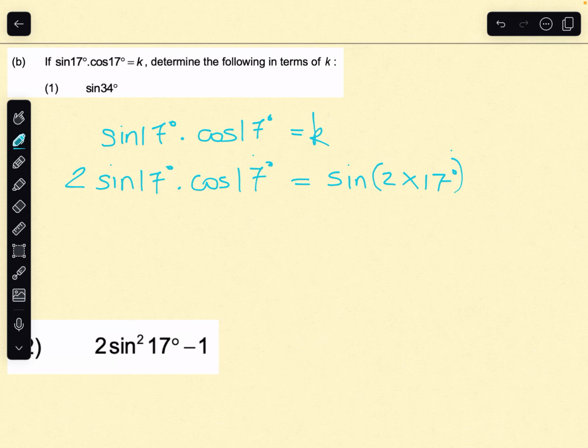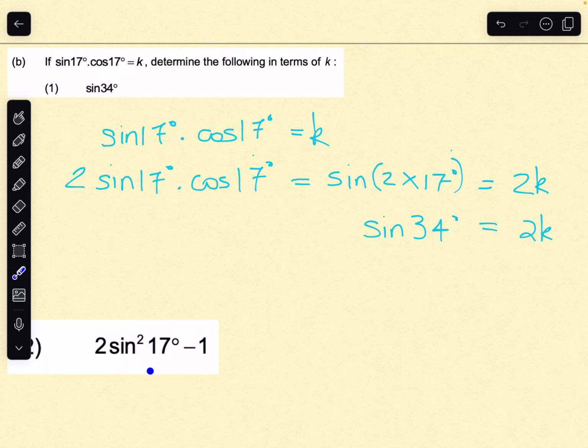That's just the double angle identity for sine, and that would then be the same as 2k. All I've done is multiply both sides by 2. So in a nutshell, sine of 34 is the same as 2k, which is what our calculator also told us.